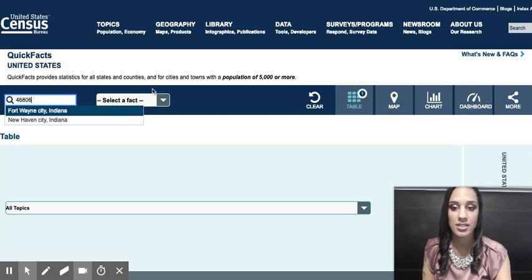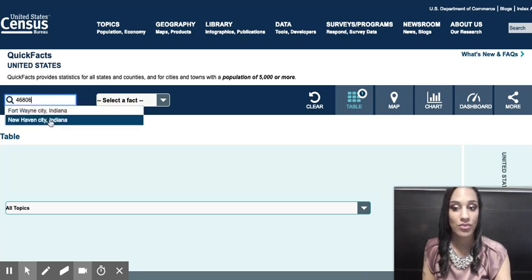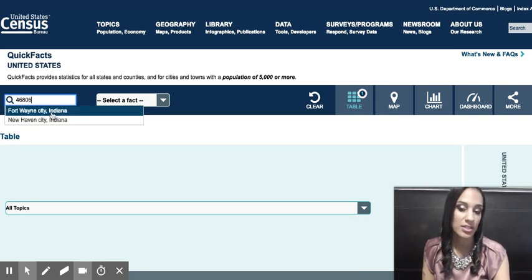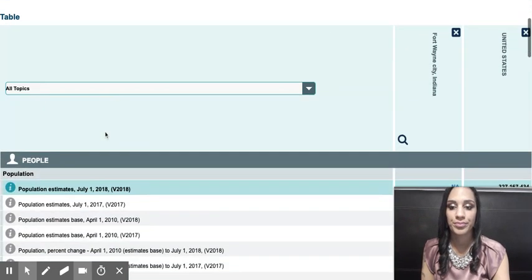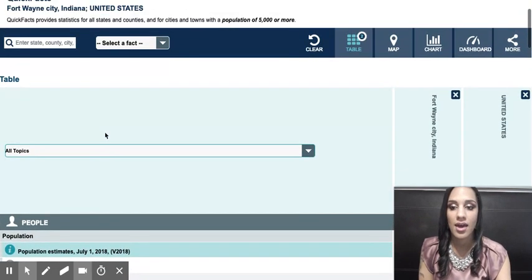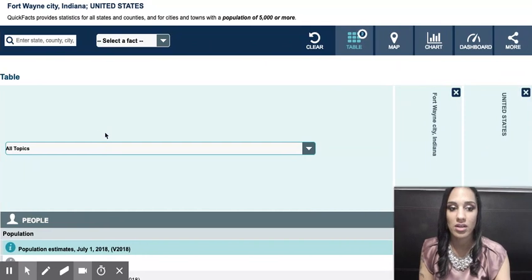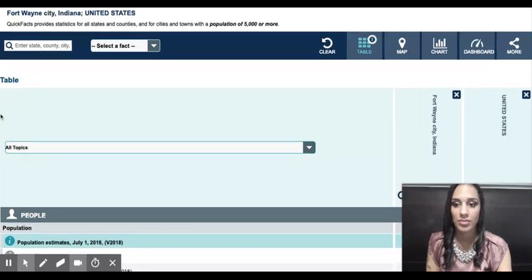Okay, let's see. Yep, and see, it tells you, do you want Fort Wayne or do you want New Haven? Because clearly they must share a similar zip code, or it's right on the line. So I'm going to go ahead and choose Fort Wayne.